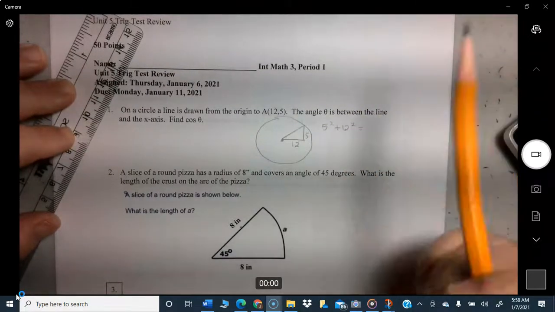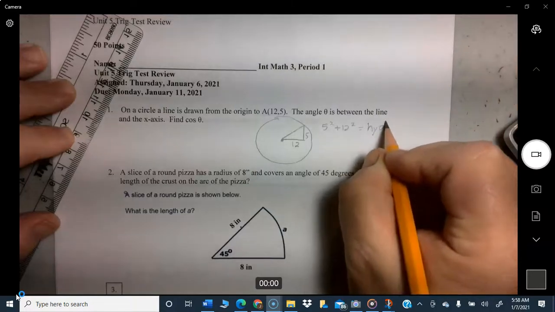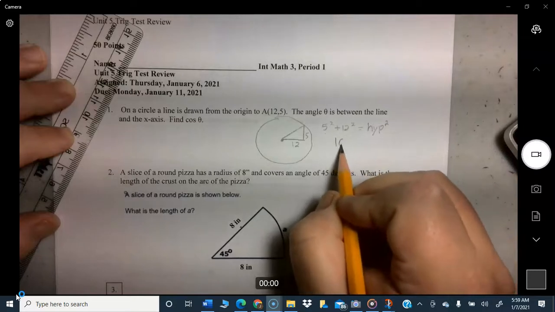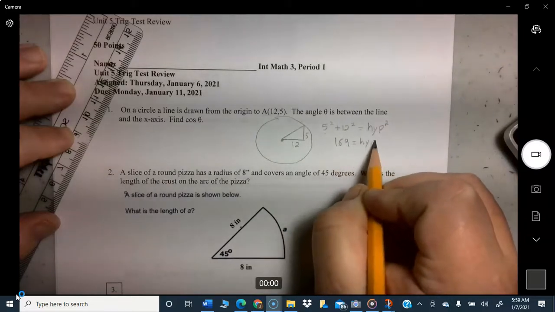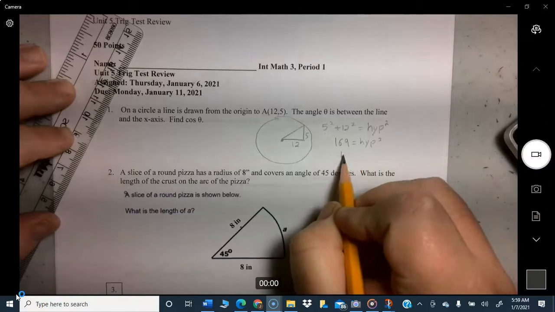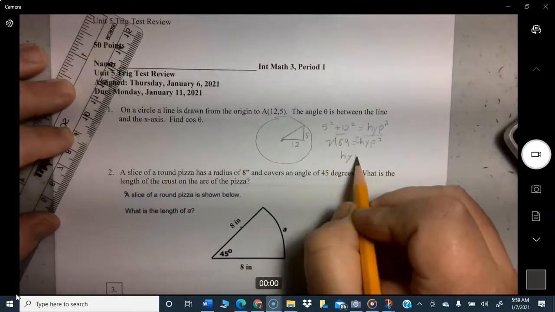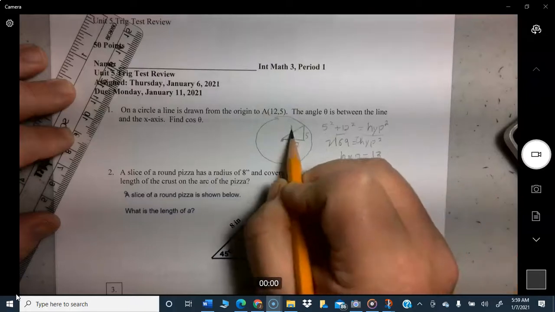It is a squared plus b squared equals c squared, so that equals the hypotenuse squared. Add those together, you get 169 equals hypotenuse squared, and that means, take the square root of both sides, the hypotenuse equals 13. So this is 13.